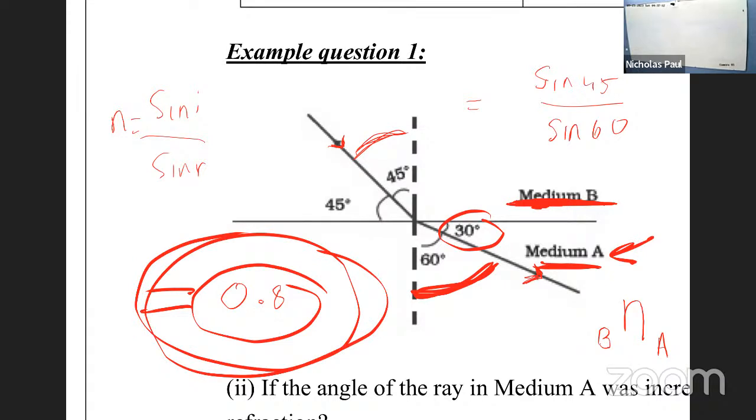So that 0.8 represents the refractive index of medium A with respect to medium B.